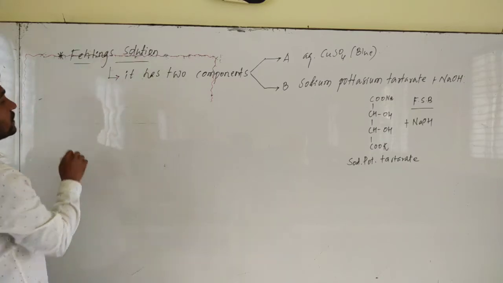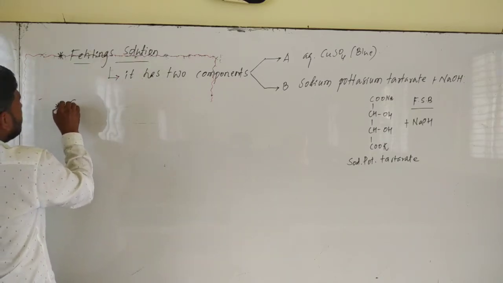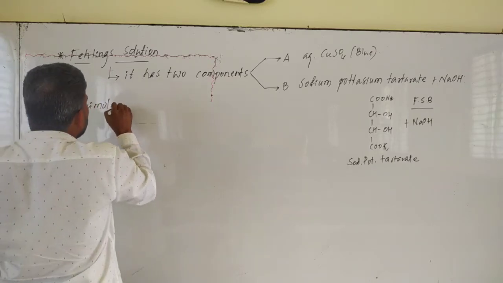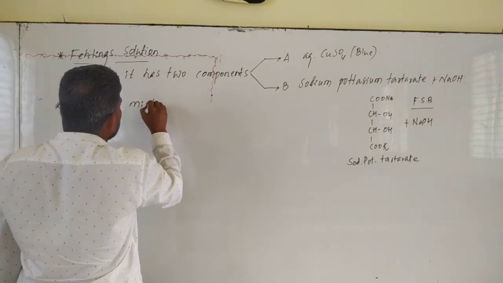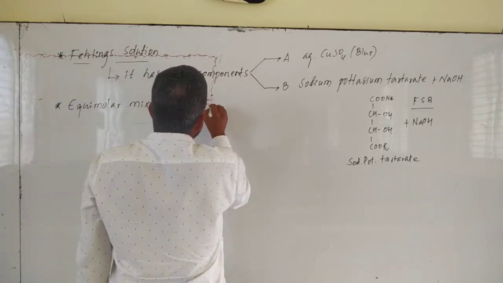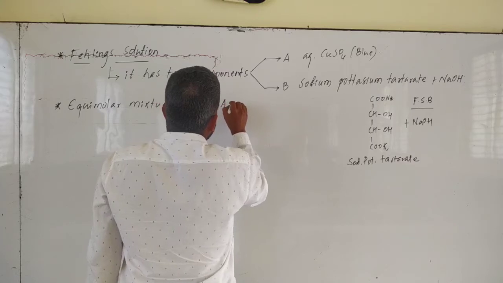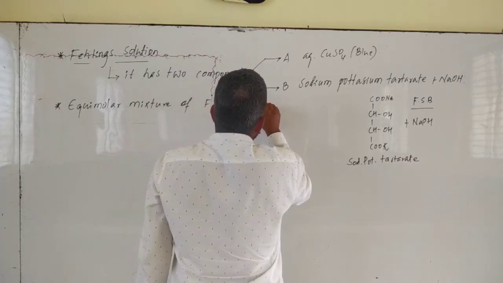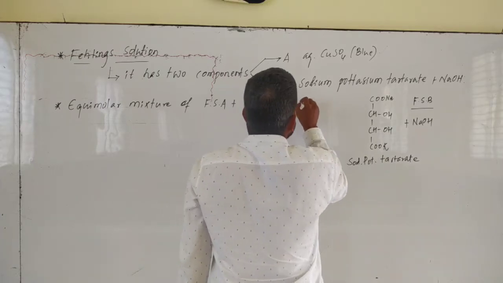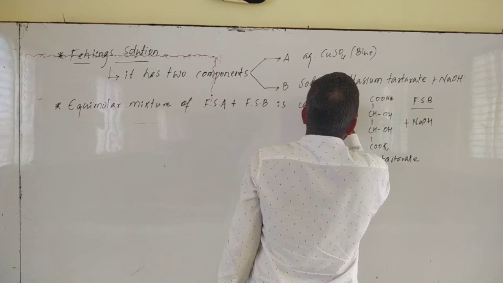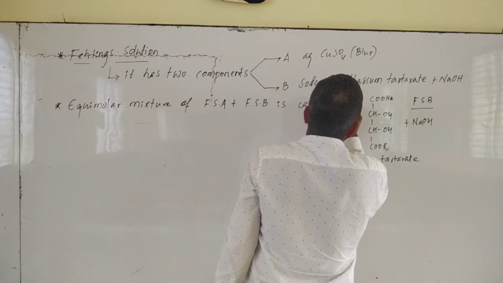Then what is Fehling solution? See, an equimolar mixture of Fehling solution A and Fehling solution B is called Fehling solution.